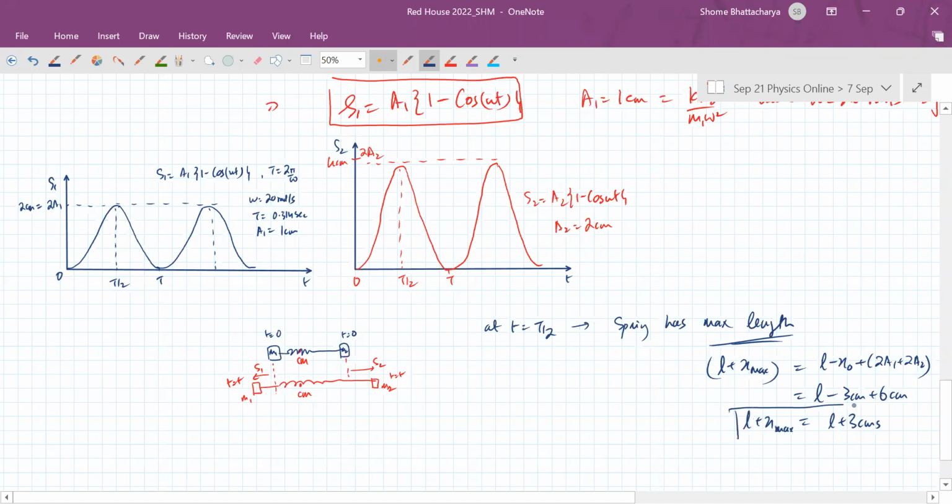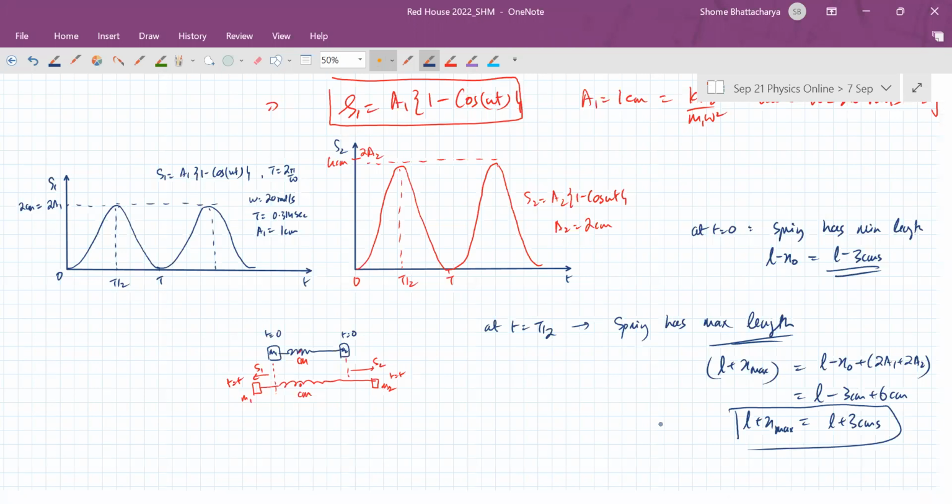So the maximum extension will be this. Whereas at t equal to 0, the spring has minimum length, L minus x naught. So the range of motion of the spring is from L minus 3 to L plus 3 centimeters. But individually, the blocks are doing SHM with an amplitude of 2 centimeters and 1 centimeter respectively, for M2 and M1, and a range of motion like this.